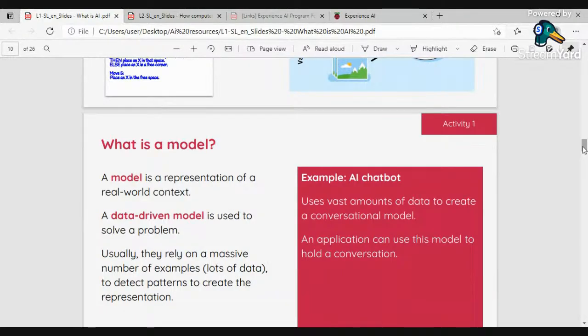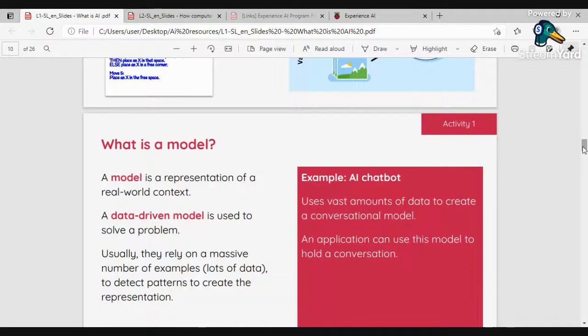Building an AI chatbot requires you to understand and use a model. Are you trying to build a customer service application or what? Whatever you want to build, you will definitely have a case study, an example of what that thing is.